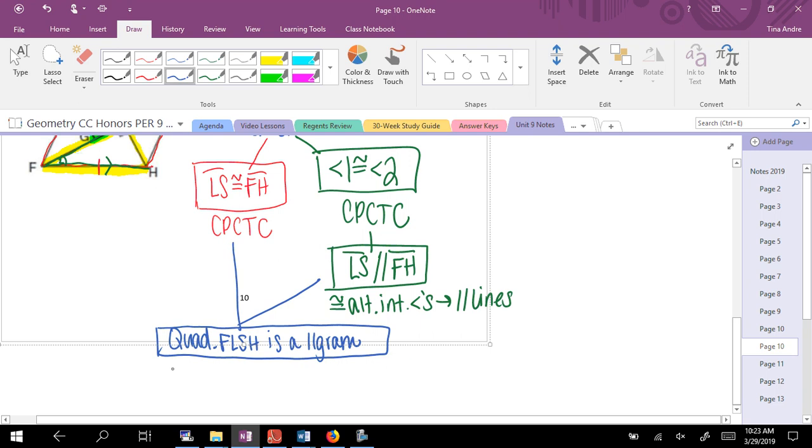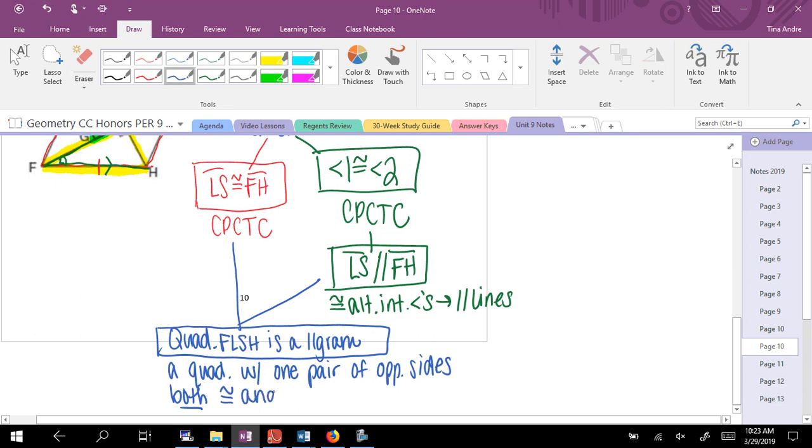My reason for that is because a quad with one pair of opposite sides, both congruent and parallel, implies a parallelogram. So basically I just took that explanation from up top and shortened it up a little bit. Notice I underlined both because they have to be both congruent and parallel in order for this to actually work.